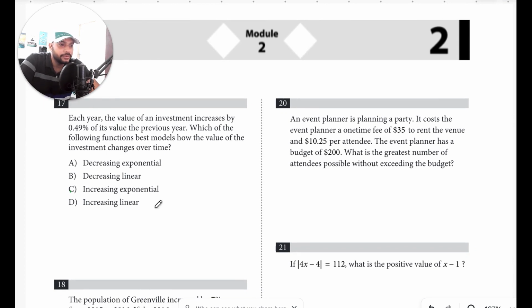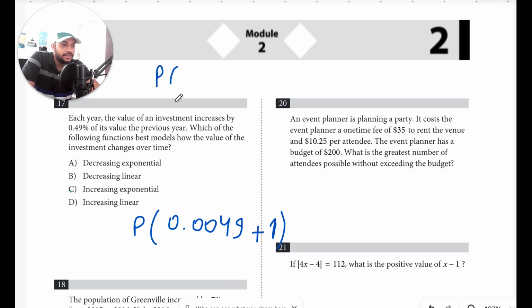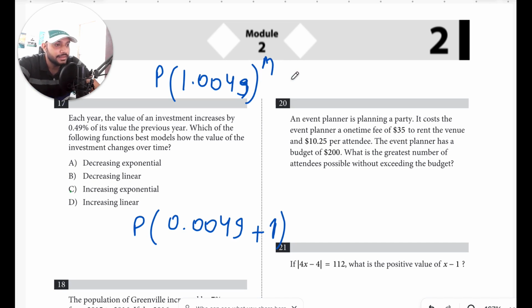Okay, so that means if initially it's P, it's going to be increased by 0.49%, so 0.0049 plus P or 1. This is going to be P times 1.0049 raised to the power, let's say n. n is the number of years. Okay, this is how it's increasing. So it's increasing exponentially.